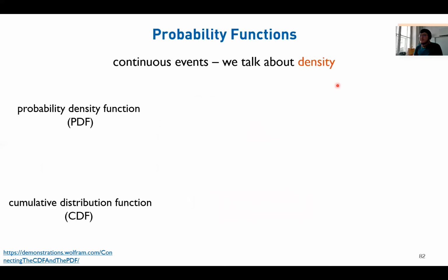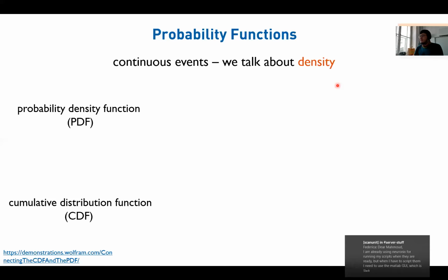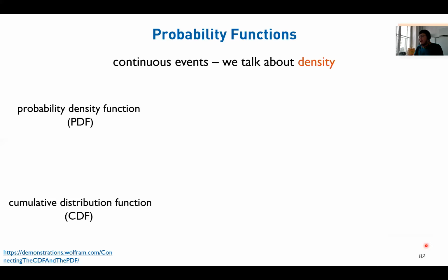And it gets a little bit more complex when we are talking about continuous events. So here, instead of calling it a probability mass function, we use the term probability density function when the event is continuous. And there are not 1, but 2 types of probability density functions. One is called the PDF, the other one is called the CDF.